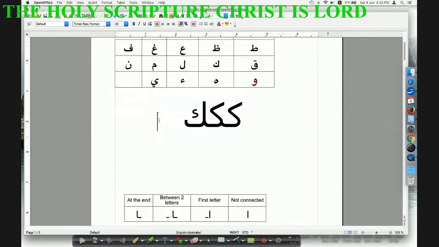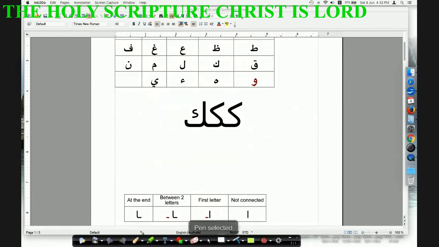You will see here this little thing looks like Hamza, right? Don't be confused. This is not Hamza. The one you see here inside the Ka is not Hamza.